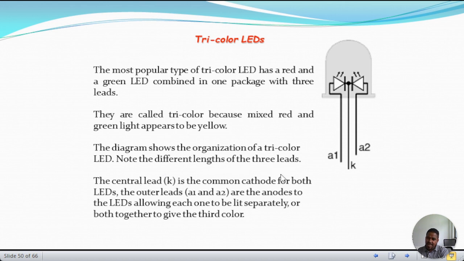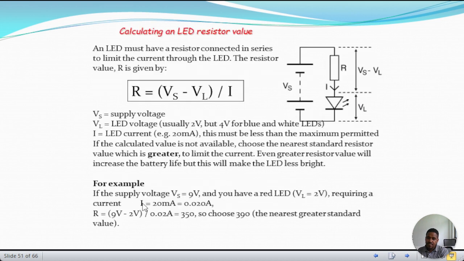The central lead, the cathode side, is a common cathode for both LEDs. The outer leads, anode 1 and anode 2, allow each LED to be lit separately or both together to give certain colors. When you combine red with green, you get yellow.